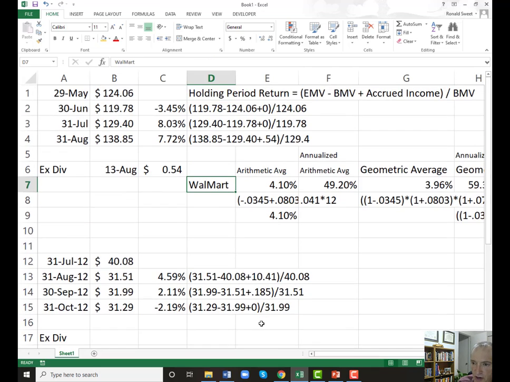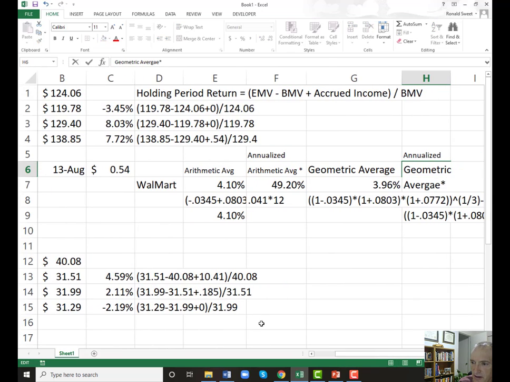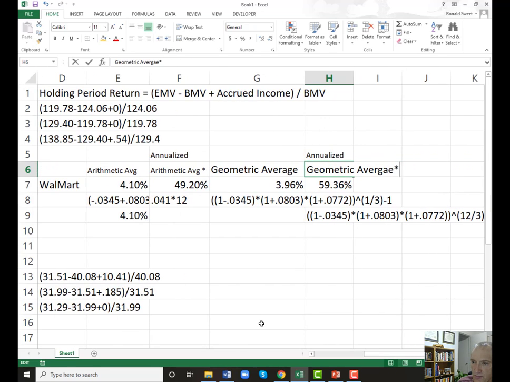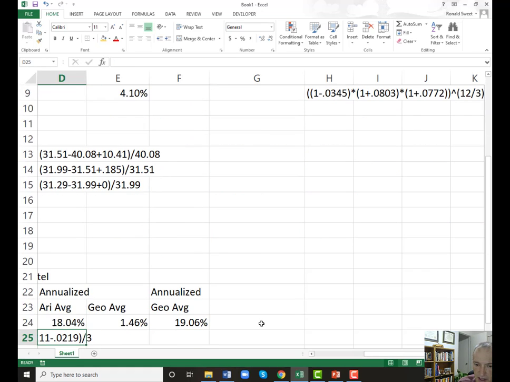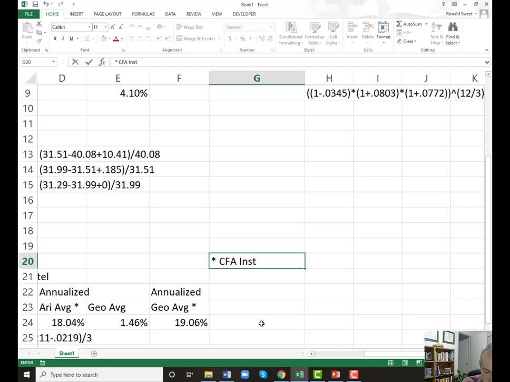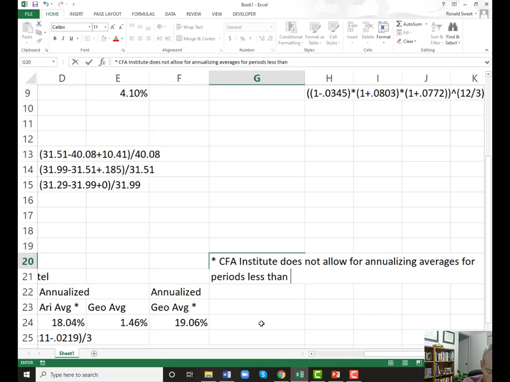So for both of these, what we want to do is put an asterisk on the annualized average, just on the annualized. And we want to put the footnote on both of these. On the annualized numbers, there's got to be a footnote. And our footnote will say, CFA Institute does not allow for annualizing averages for periods less than 1 year.